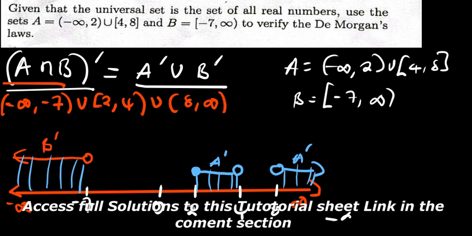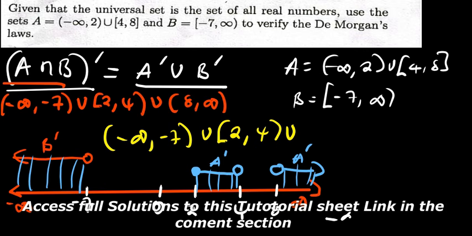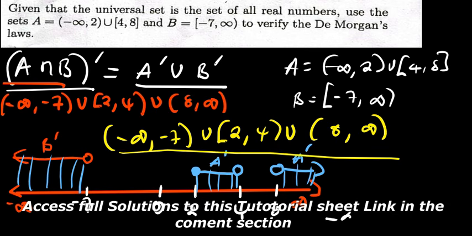So we can clearly see that it is from negative infinity to 7 not included, union, so 2 will be included, then comma 4 not included, union, 8 not included, all the way to positive infinity not included. So this is the answer for that other one.